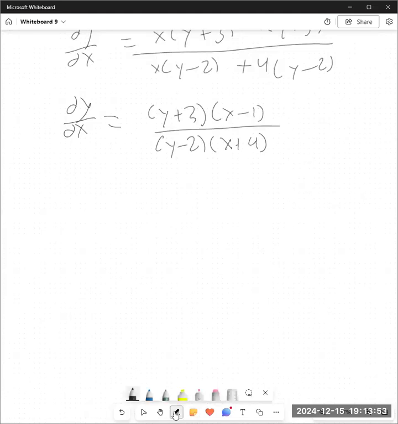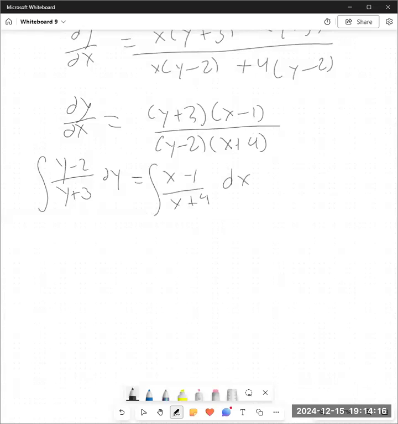So we're going to have to write this as y minus 2 over y plus 3 dy is equal to x minus 1 over x plus 4 dx. And because degree at the top and degree at the bottom are the same, these are both improper integrals. We should use long division of polynomials.